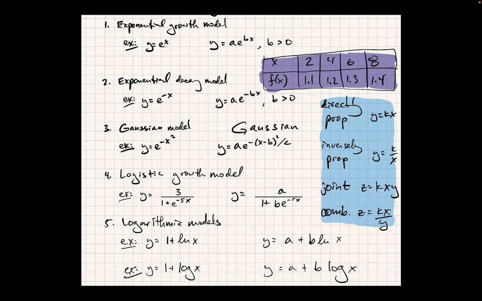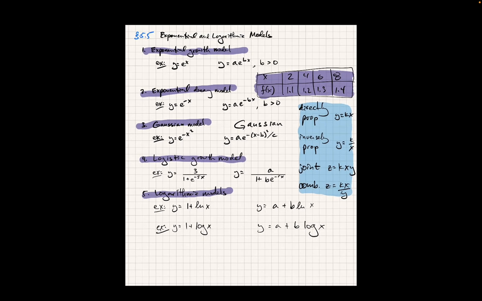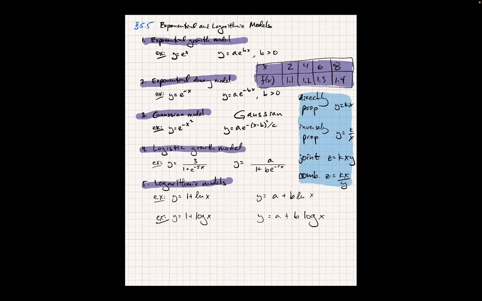Now I'll give you a table, and it's not proportional anymore. It's a mathematical model, but they are related to each other in one of these ways. A key to finding which model is a good fit is to find the asymptotes.